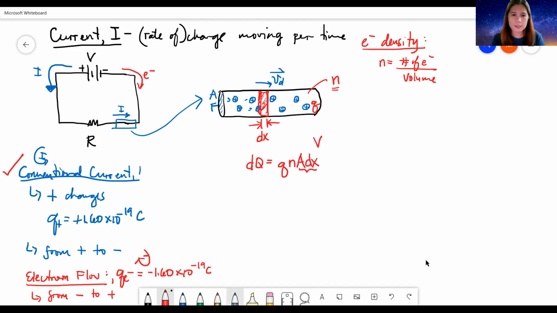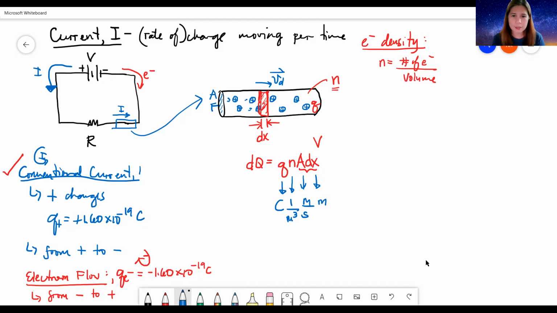So let's check the units. We have charge in coulomb, and then electron density is 1 per cubic meter. Area is meter per second, and then distance is meter.